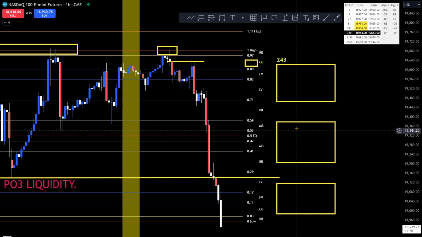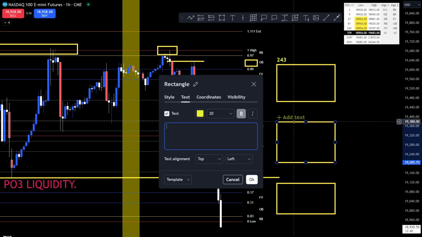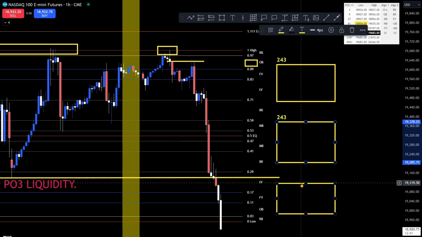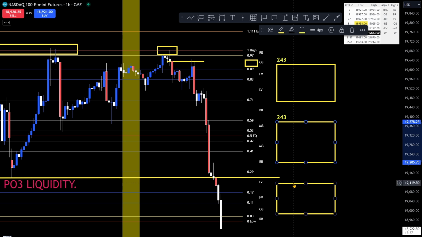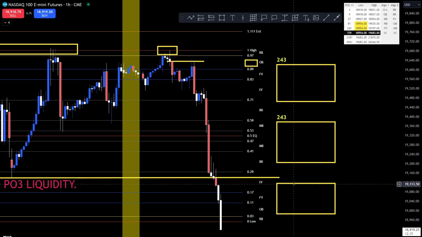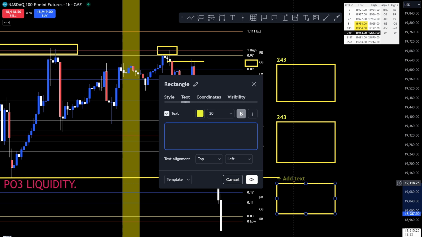You got to think about it like this. And no, I'm not leaving any runner. When I get to my DOL, I'm done. Not over trading.